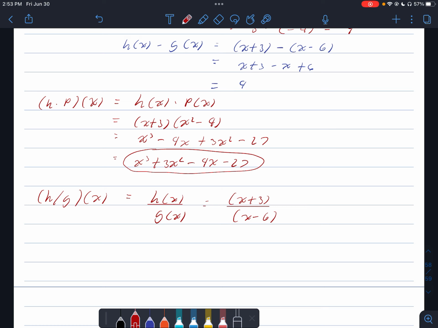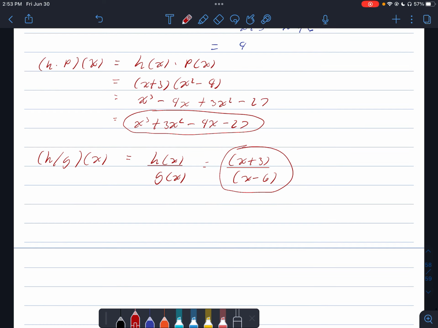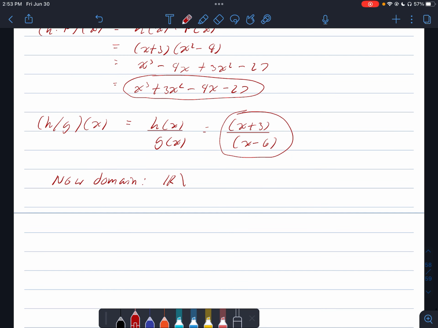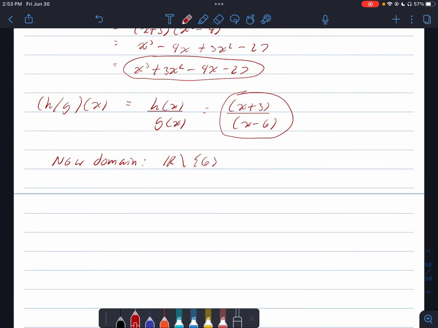This is your answer, but you do have to note that the new domain is all real numbers except 6. Because if you plugged in 6 in this function, you're going to end up with 0 in the denominator, and that's not going to be good.